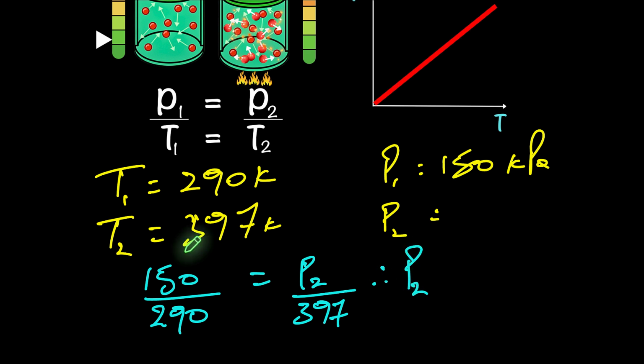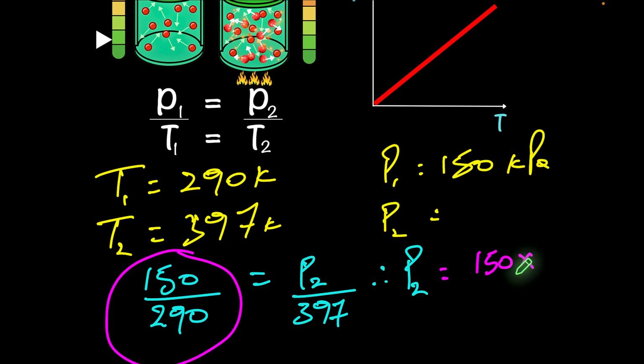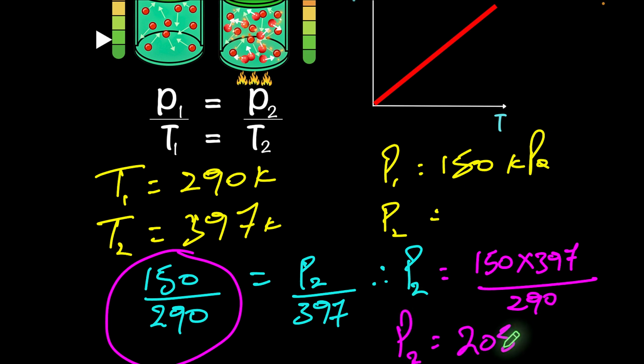We can work out what this will give us, or we can just do it in one go, where we say 150 multiplied by 397 and then divide all of that by 290, and that will give us a final pressure of 205.3 kilopascals.